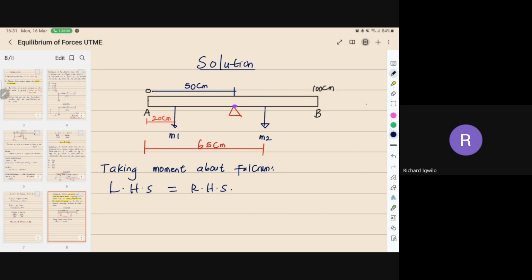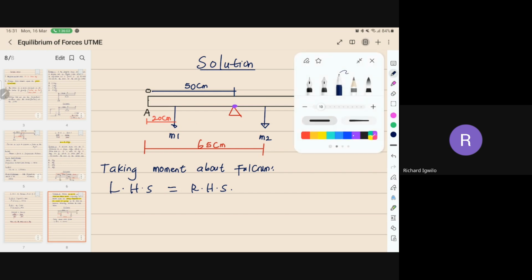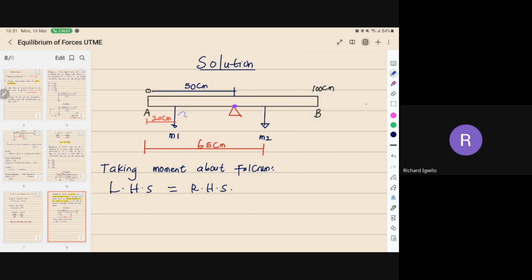Now, people of God, you're going to see that the distance between our M1 and the fulcrum is 30, isn't it? So the distance between them is 30. Isn't it, guys? So here, the distance between M1 and our fulcrum is going to be what? 30.